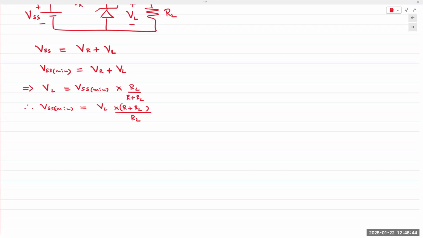So VSS min can be determined as, now we want 10 volts for VL, and then R plus RL is 7200 divided by 6000. And so minimum voltage comes out to be 12 volts. And 2 volts will drop across the series resistor R.